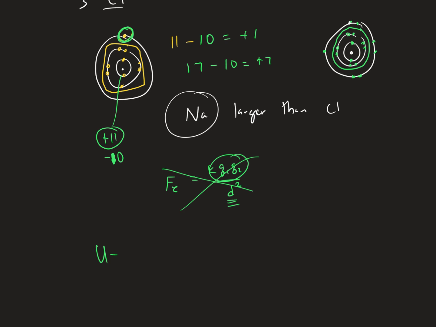So if we look at uranium, well, that one's going to be a little bit more tricky, isn't it? Because you have seven s electrons, and you have six d electrons, and you have 5f. So which one are we going to deal with?